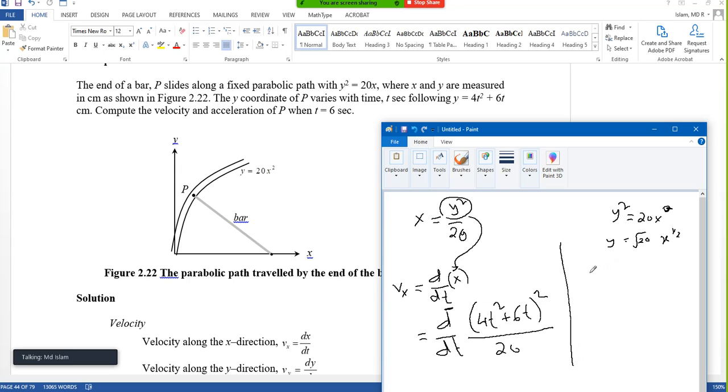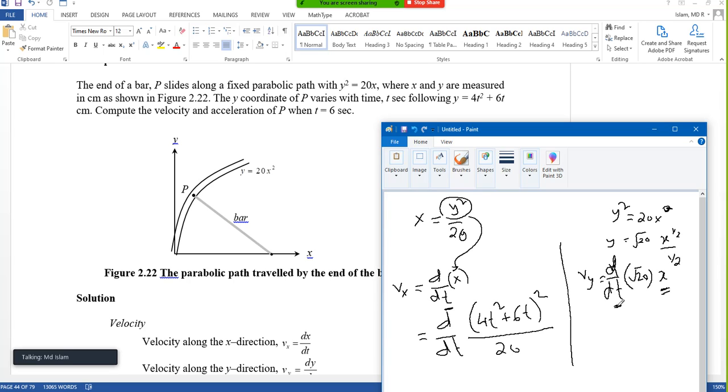Same thing for y. What is my Vy? Vy is d by dt of square root of 20, and x is the power. Maybe it's not clear. Again, there is x here, but my variable here is time.